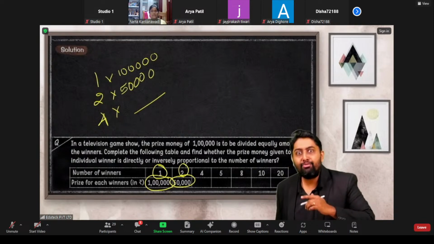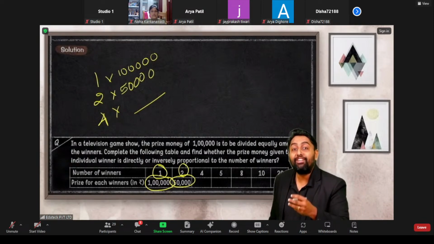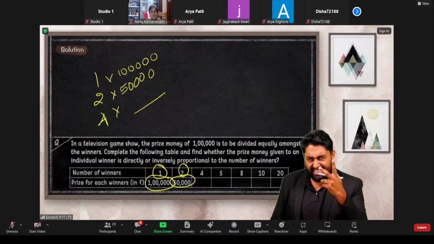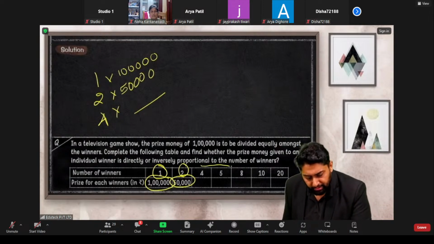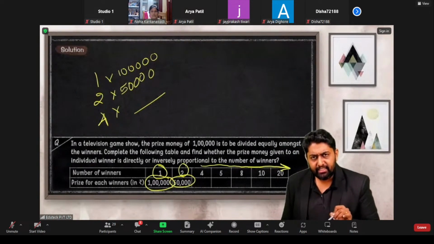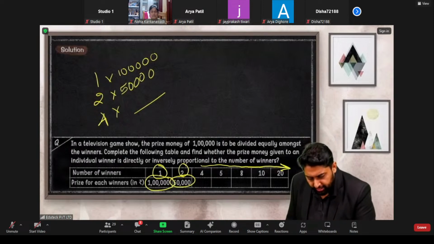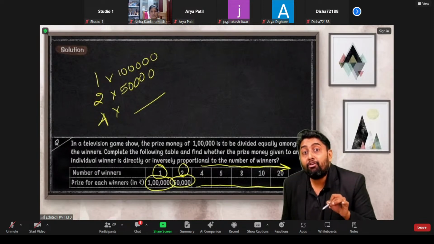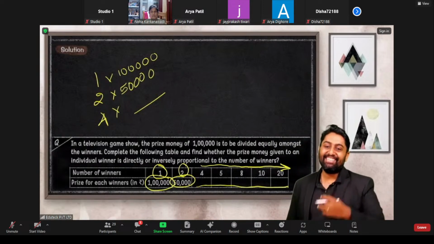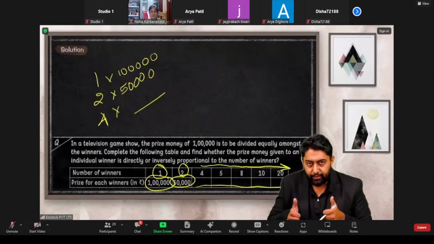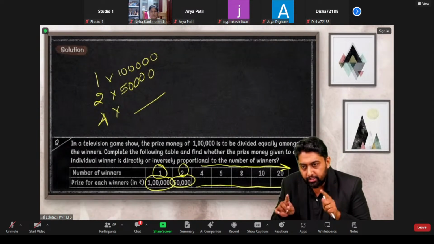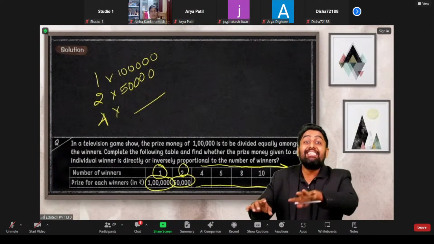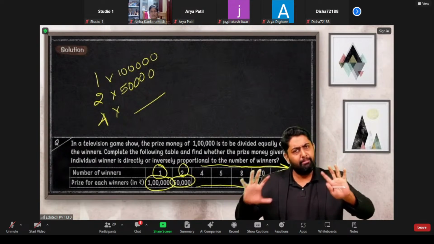So this was the way in which you could have got the answers. Second, the moment you see these values were increasing, it means by default, the values at the bottom, which are the prices, would keep on decreasing. Are you getting my point? This is how the question was supposed to be answered if you were well prepared with this.